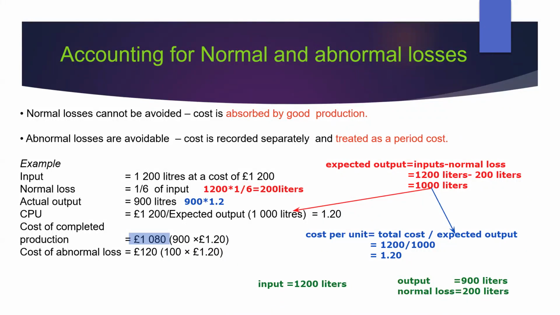So when we add the output 900 and normal loss 200, we are just getting 1,100 liters.